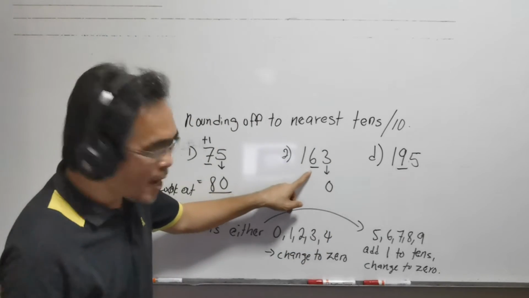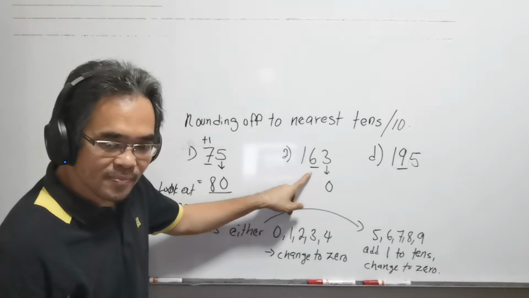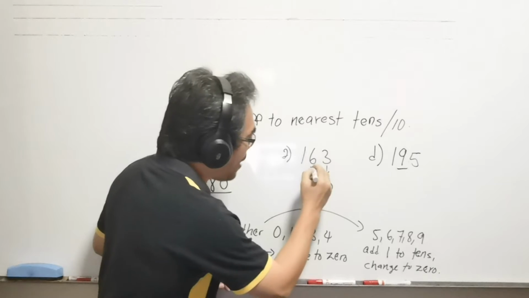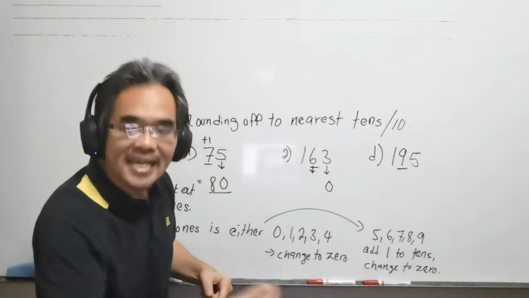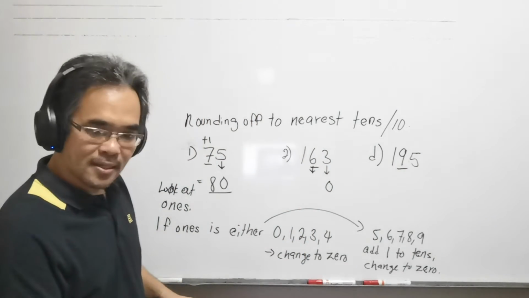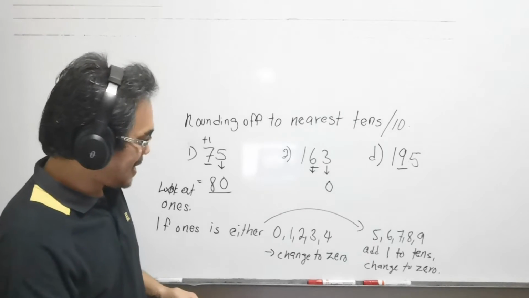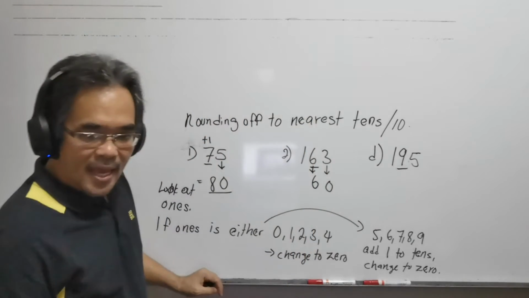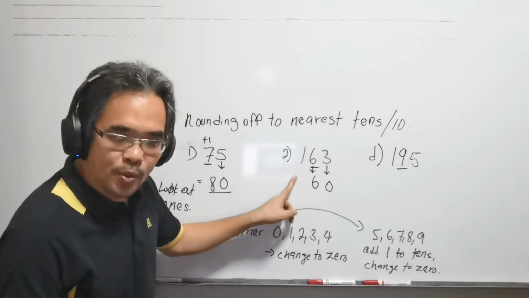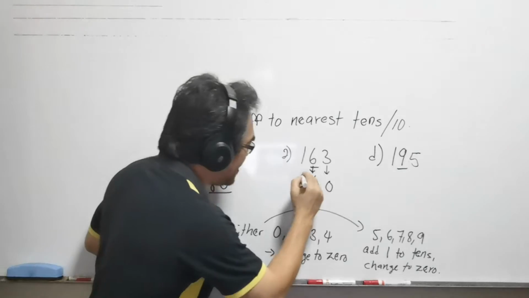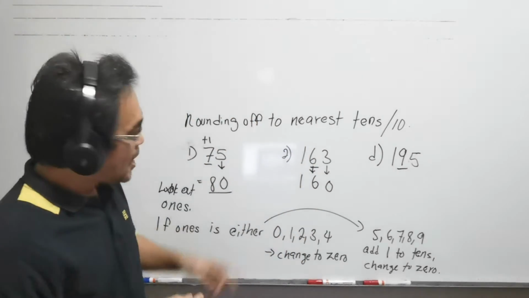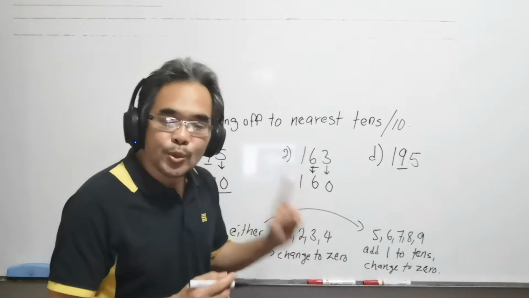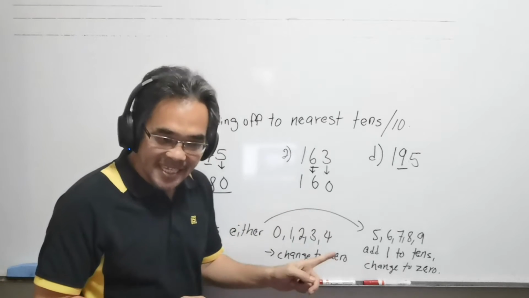Do we add 1 to 6? No. So what you have to do is just rewrite the number. And then 100, what do we do? Just rewrite the number. So 163 is nearest to 160.